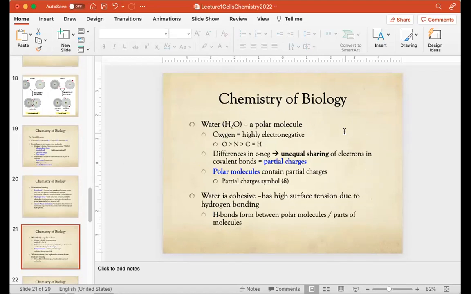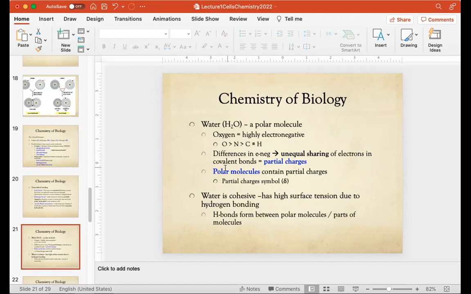And that's because of the positioning of those electrons. Differences in electronegativity between two atoms in a covalent bond create unequal sharing of electron pairs in that covalent bond. And that creates what we call a partial charge.